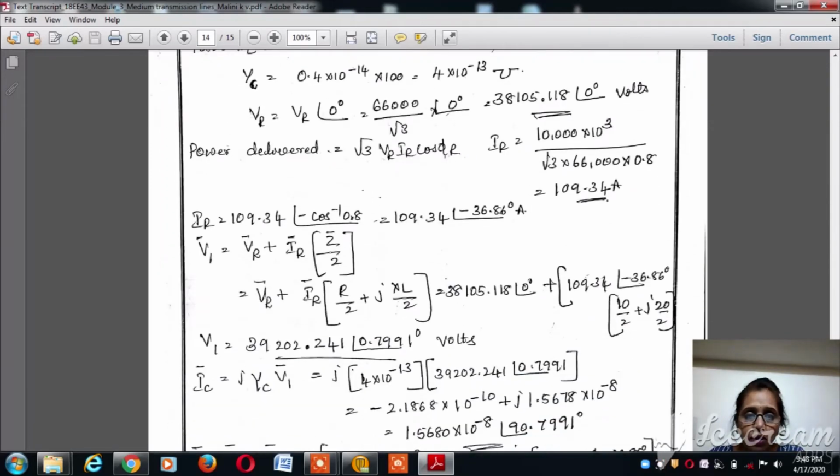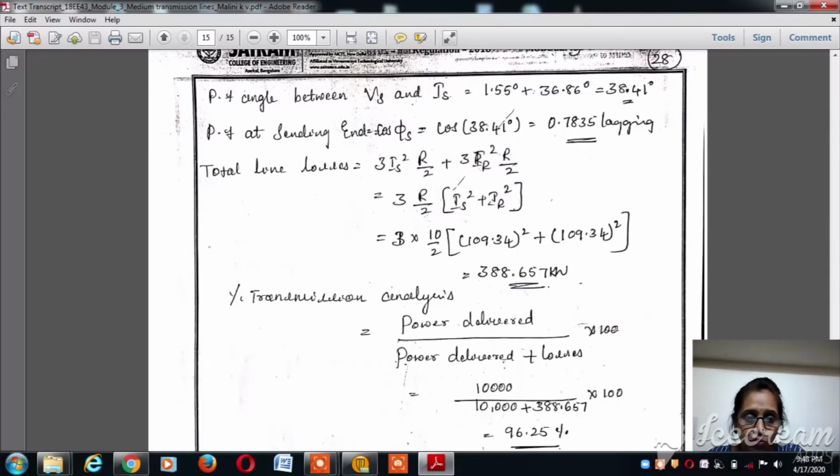Now after calculating these two, we can calculate the power factor angle between Vs and Is, which is nothing but 1.55 degrees plus 36.86 degrees, that is, the angle between Vs and Is is equal to 38.41 degrees.